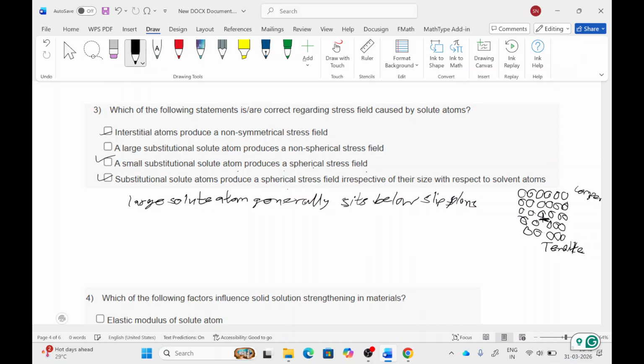So the large atom will prefer to sit below the slip plane, and the small substitutional atom will prefer to sit in the compressive region, above the slip plane.